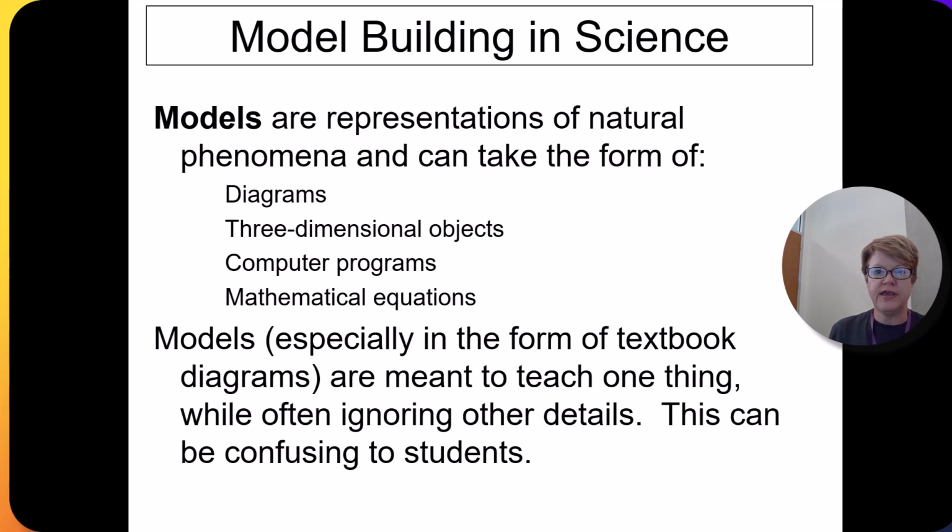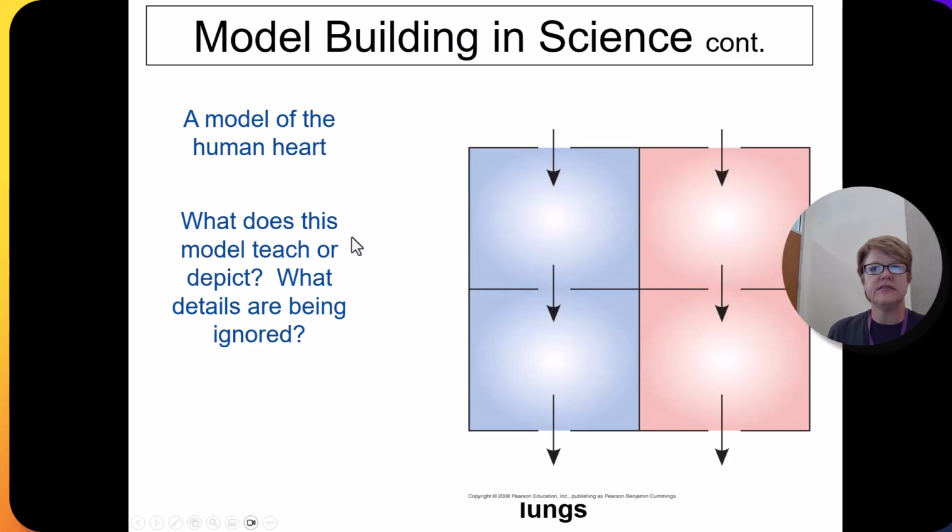So I want to point out an example. Let's say that this is a model of the human heart, and you saw this in a textbook. Maybe it says right atrium, right ventricle, left atrium, left ventricle. What is being shown here is the flow of blood through the chambers of the heart.